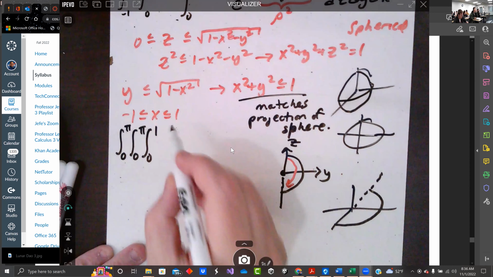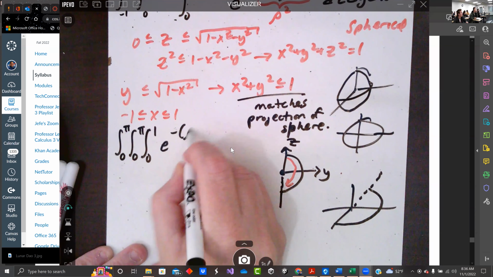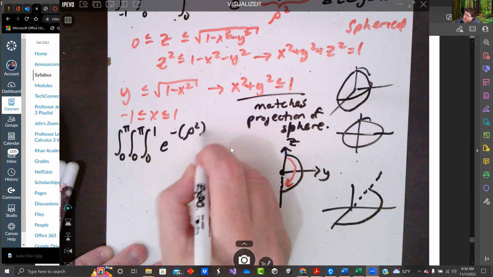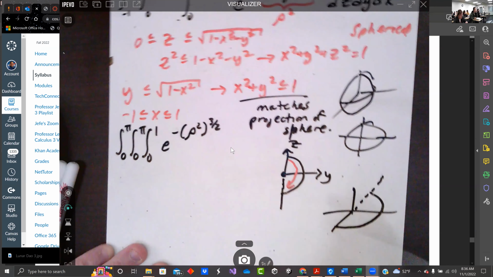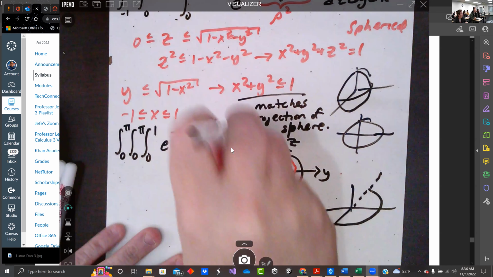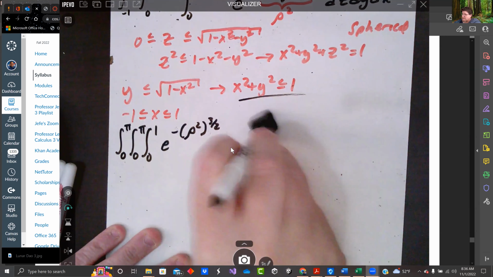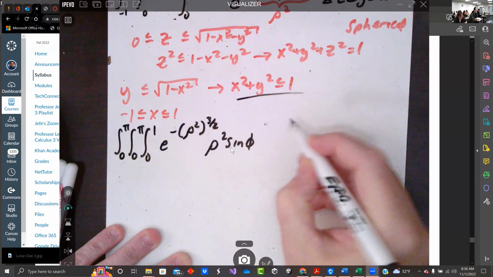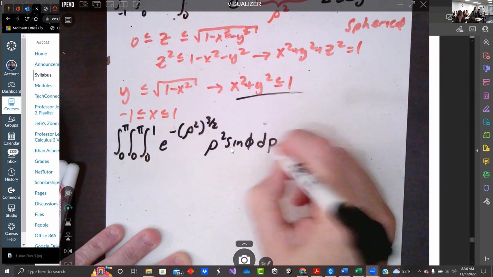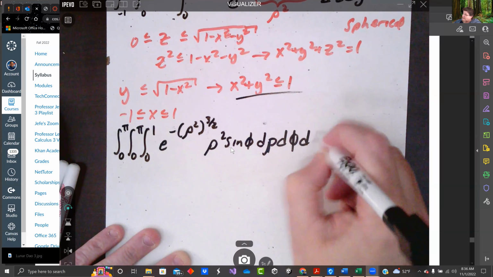We get e to the negative rho cubed. It's spherical, so it's rho squared sine phi, d rho d phi d theta.